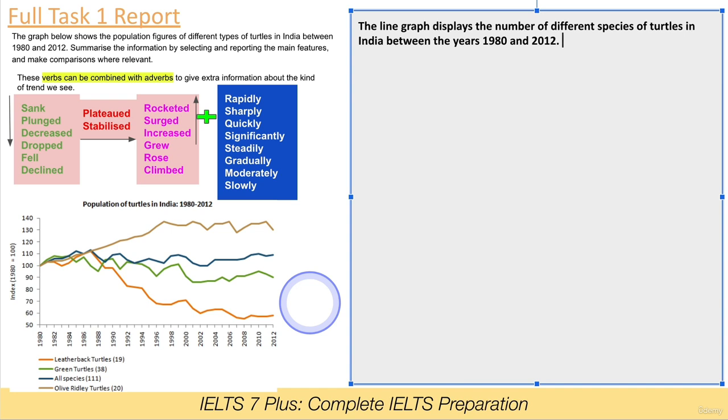The line graph displays the number of different species of turtles in India between the years 1980 and 2012. Okay, so we've paraphrased as much as we can there. And now we can go into our overview.